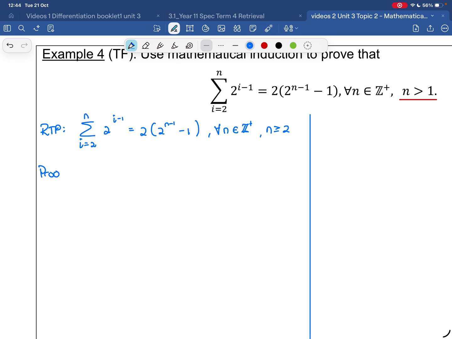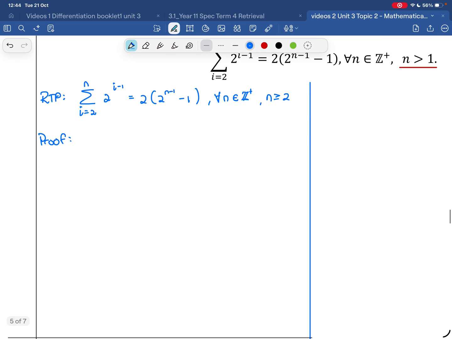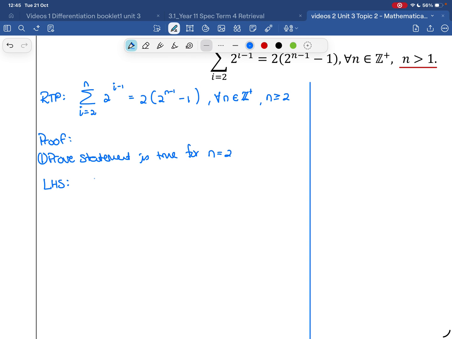So now our proof, well, our initial statement says we need to prove the statement is true for n equals 2.